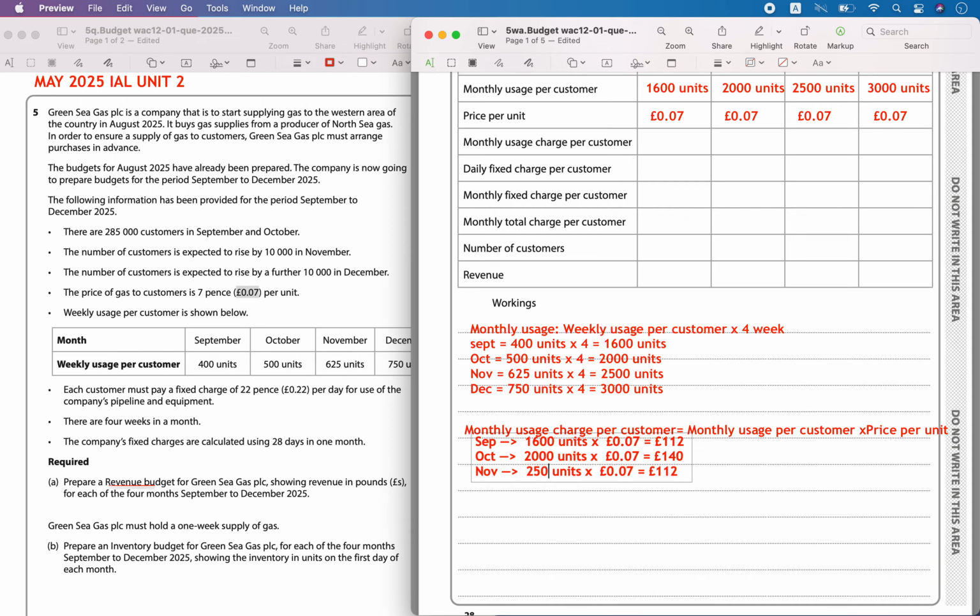For November, it is 2500 units times 0.07, which is equal to 175 pounds. Then the monthly usage charge for December is 3000 units times 0.07, which is equal to 210 pounds.